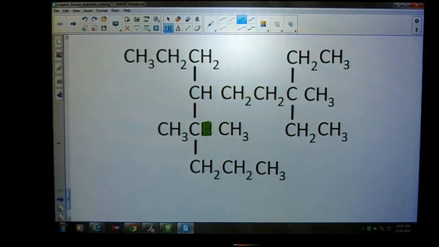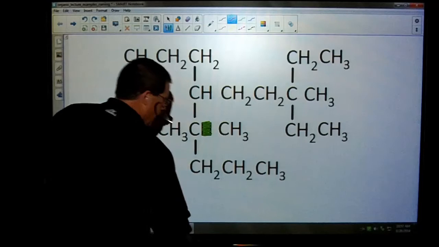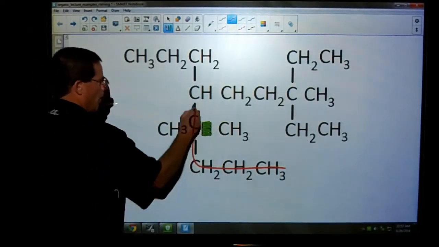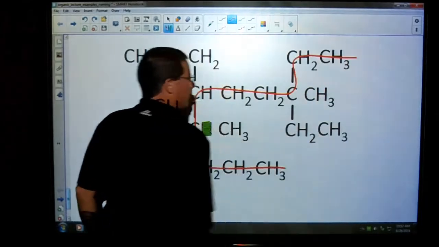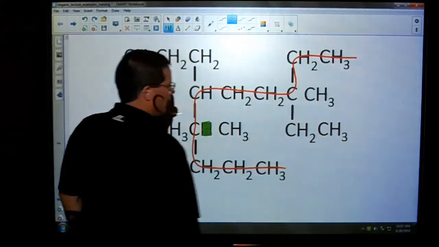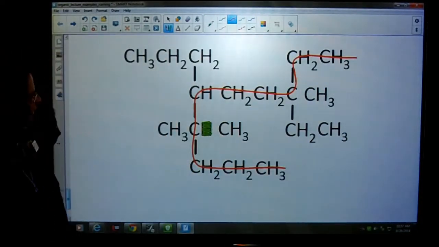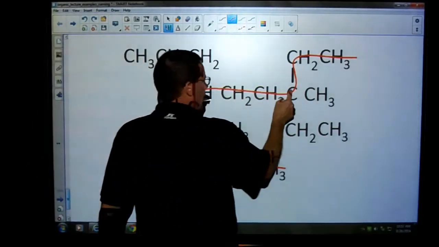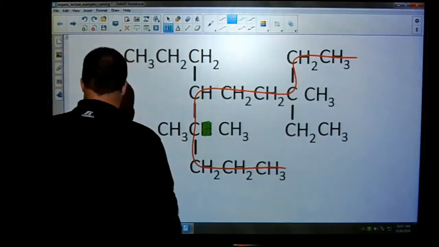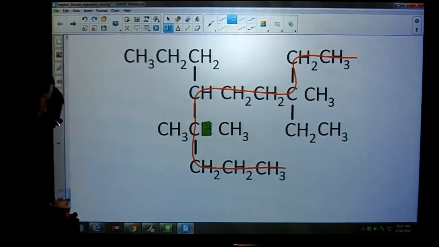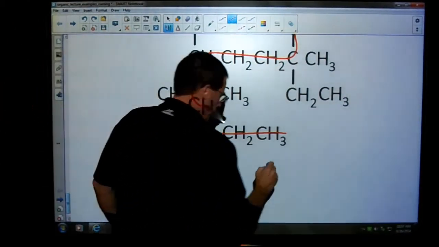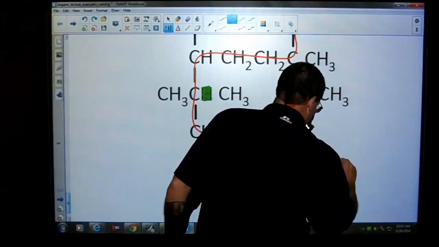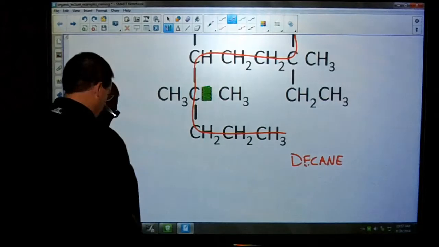All right, so find the longest chain, and it looks like it's going to be here, there, or again down there, whatever path you want to take. So in this case here, we have 1, 2, 3, 4, 5, 6, 7, 8, 9, 10 carbons, and that's probably as ugly as I'm going to make it. So we'll have our decane. Okay, so we have our decane as our parent.